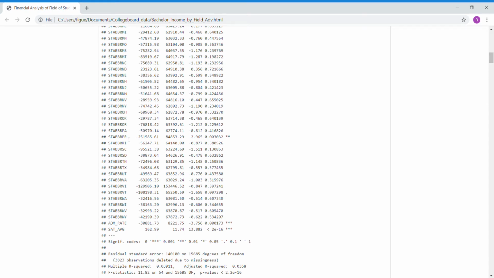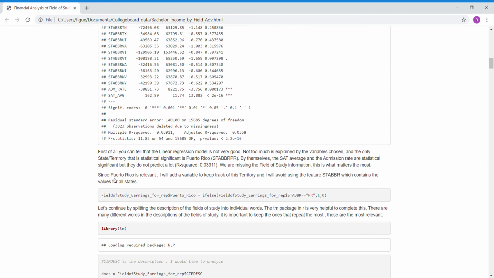For that reason, I'm going to take out that variable completely, and I'm going to replace it with a dummy variable for Puerto Rico, as you can see here. And the other thing that is interesting about this is that this R squared result is under 4%.